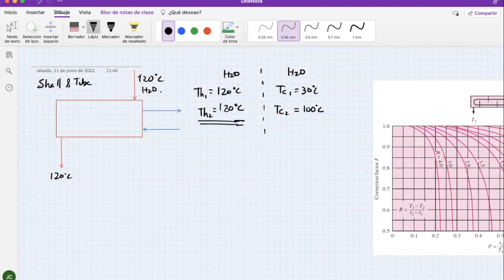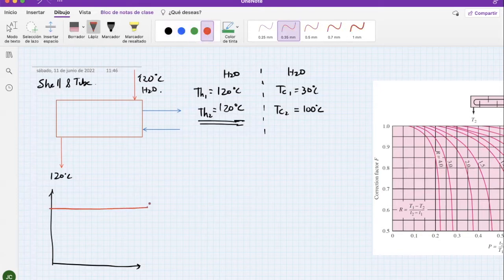This one is like a special case for heat exchangers. It's not very special, but it's something that we need to take into account, which is phase change. I have this substance that is going through a phase change. It's called condensation. How do you know it's condensation? Let's put the hot one, and it's going like this because it's not changing temperature.